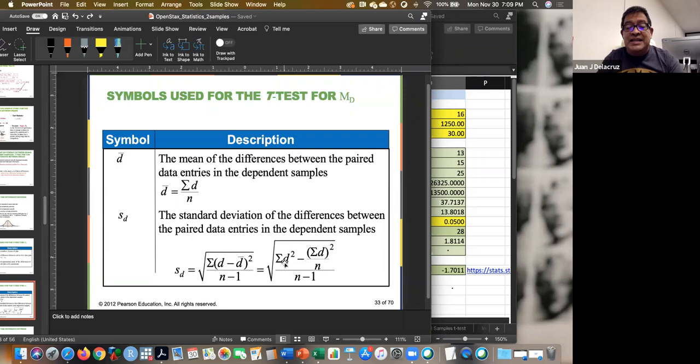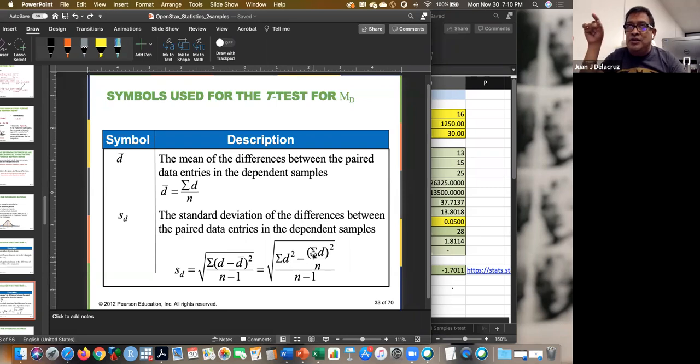We have the differences squared, then the summation. So we build one column for the pre, one for the post, one for the difference, and one for the squared differences. I'm going to build another column for the square of the differences, and then I am going to add them.